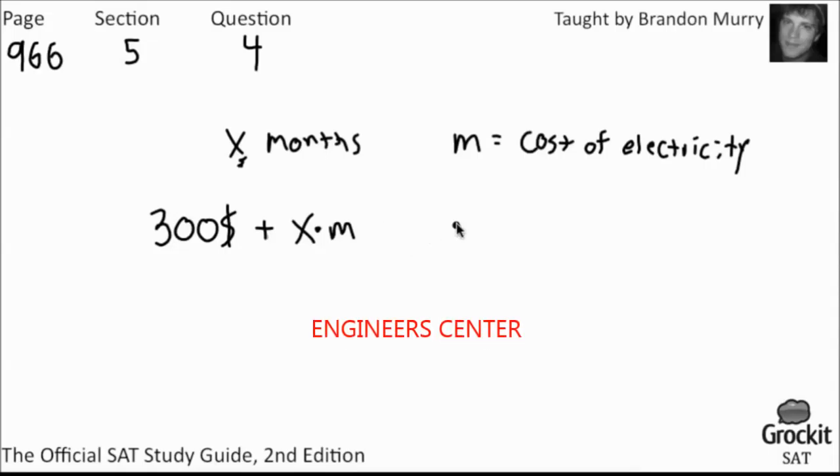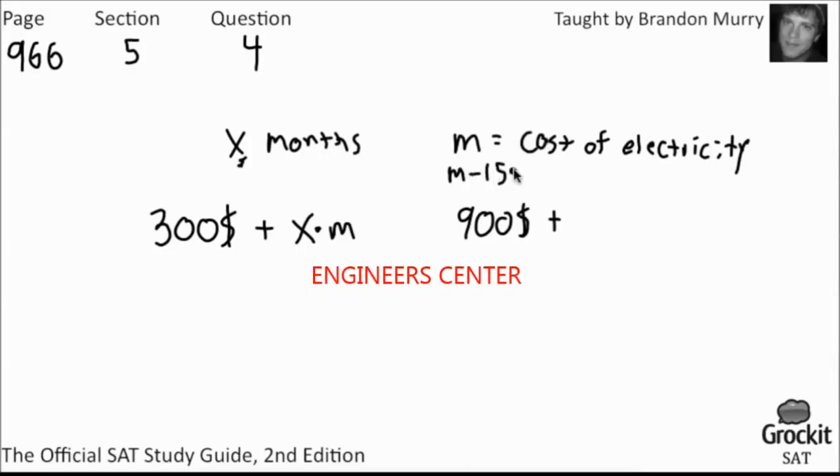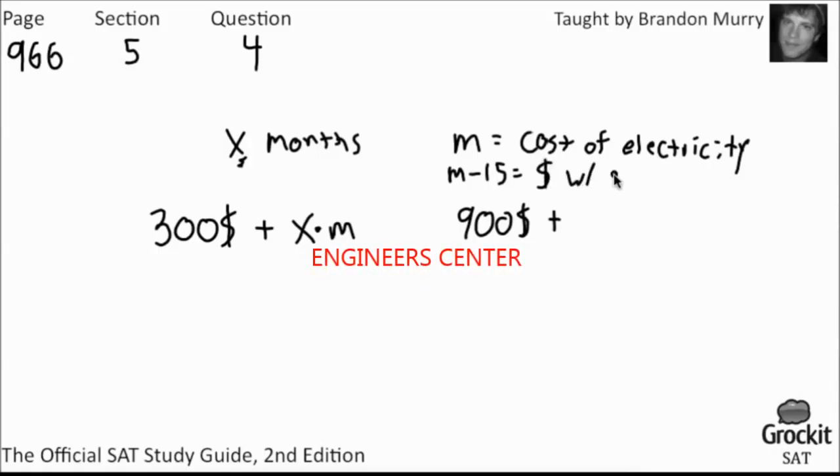So now, how about if they bought a new refrigerator? The new refrigerator would cost $900, but it would save $15 every month, right? So that would be M minus 15. So that's the money with the new refrigerator.